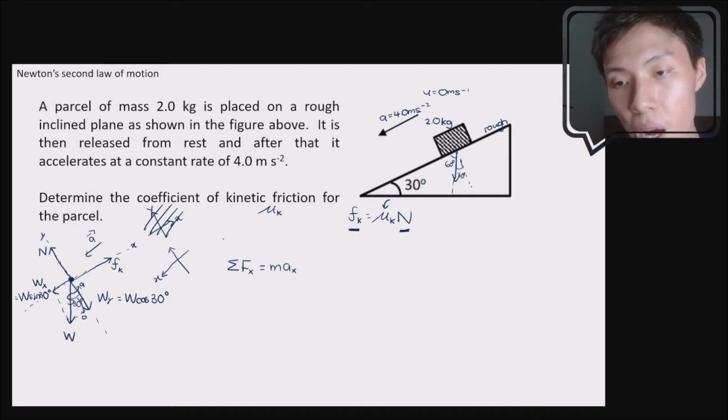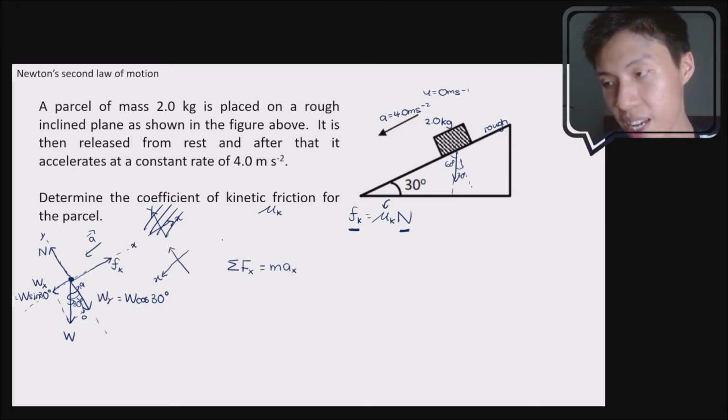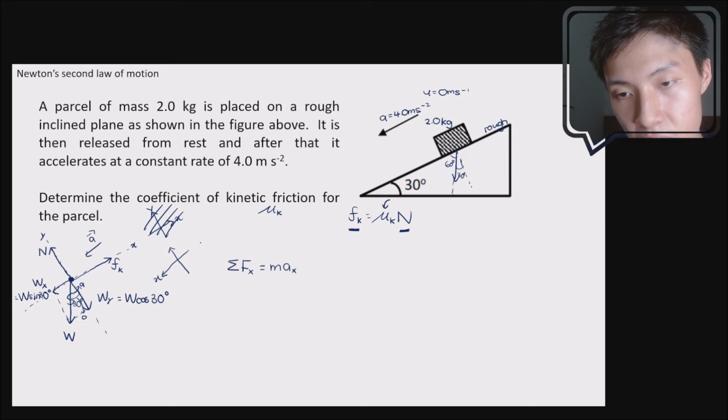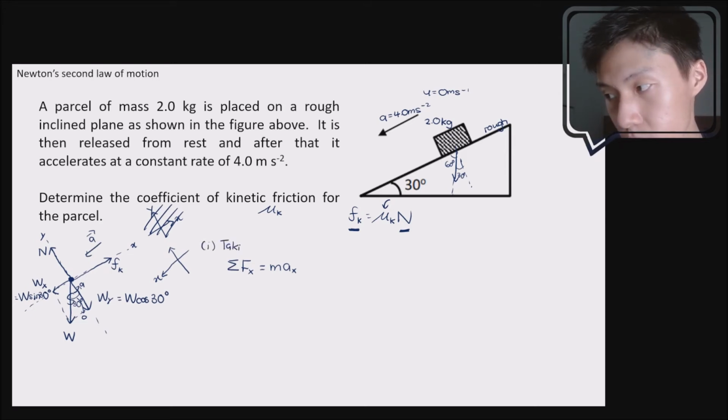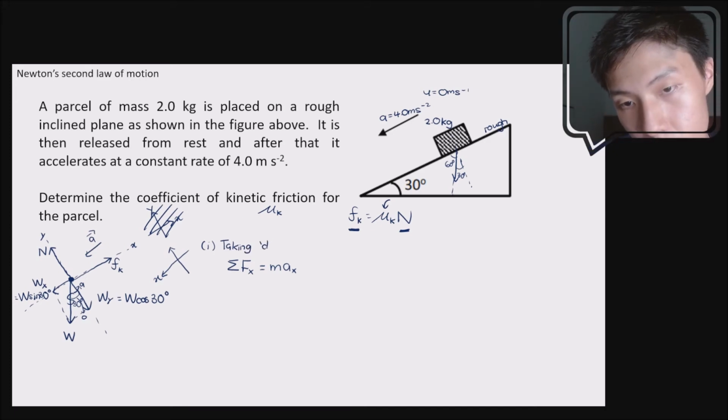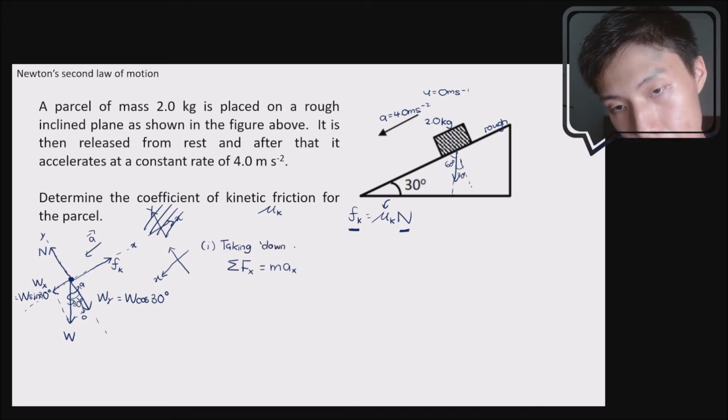So how should we write to mention that we are changing our positive and negative side? What we do is we write, for question number 1, we are taking down the slope as positive.